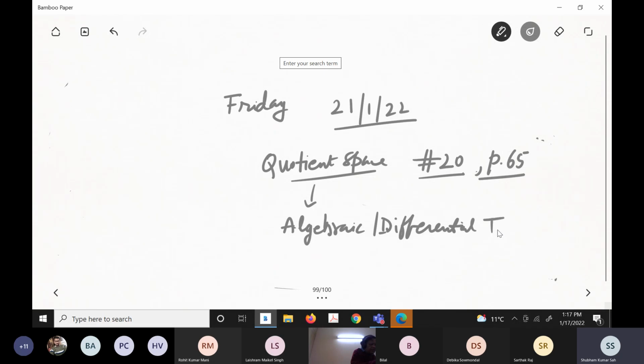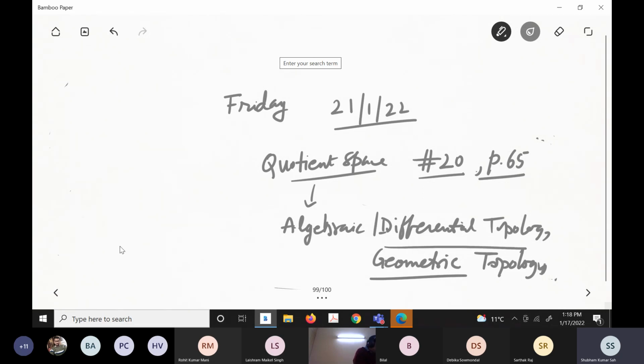In fact, a combination of these, a new thing is coming that is called geometric topology. It's called geometric topology. When you link between, look here, differential topology, there is a branch, differential geometry. This is not the old style; the new style of geometry is that you always use differential topology.